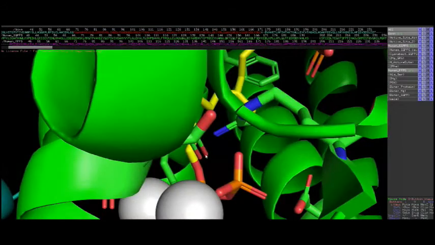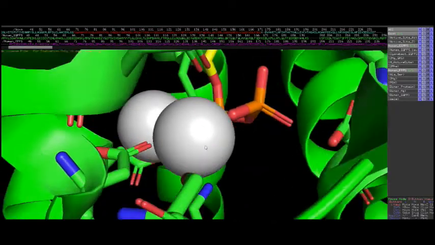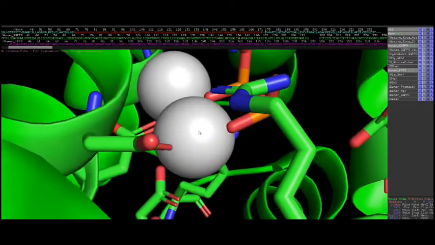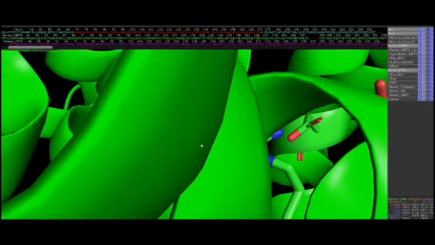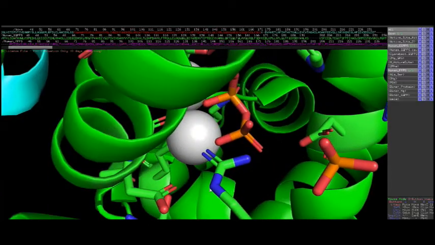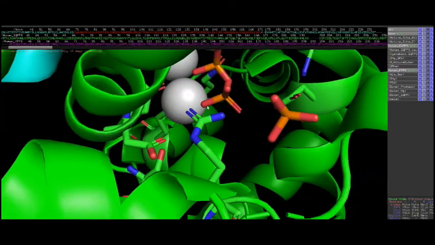So this double bond oxygen here is close enough that it would be forming an ionic bond with this arginine here, holding the arginine in place.